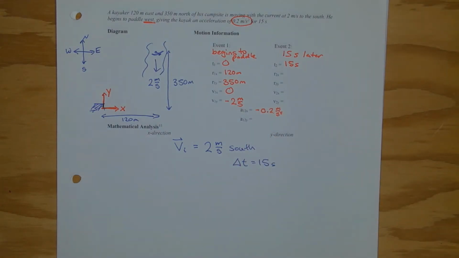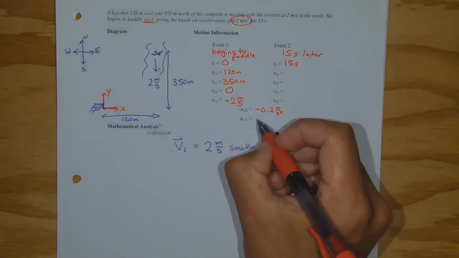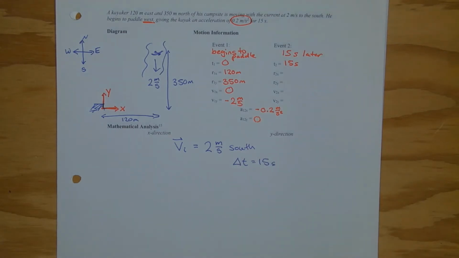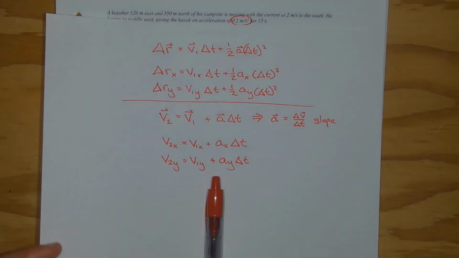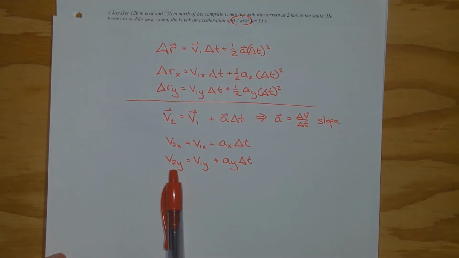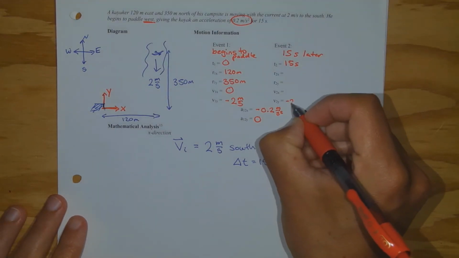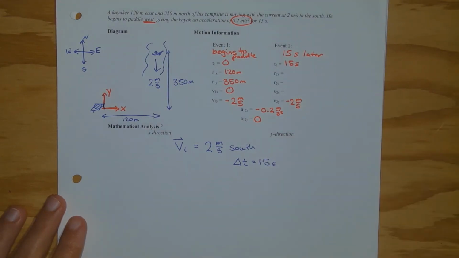I don't know where the kayaker ends. I'm going to have to figure that out. I do know the acceleration in the y direction is 0, and by this equation here, since a_y is equal to 0, v2y is equal to v1y, so I can say this is negative 2 meters per second.